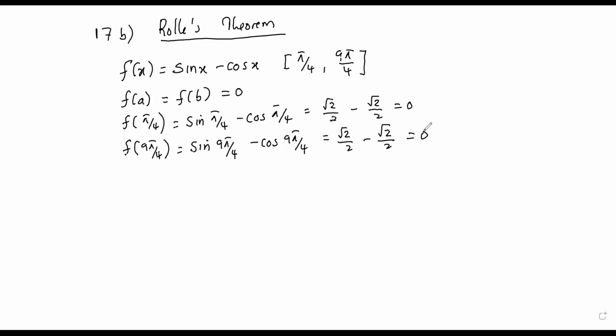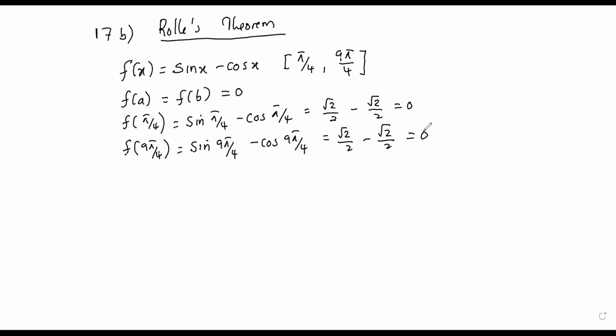Then 405 is beyond 360, so when you subtract 360, it comes down to 45. So 9 pi over 4 is a coterminal angle of 45. We can use 45 and get zeros there. Now we've seen that f of a is equal to f of b, which is equal to 0.